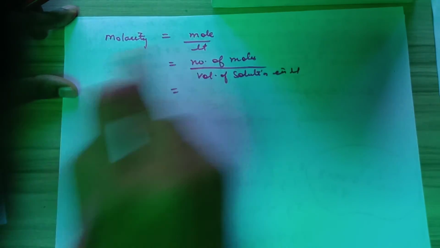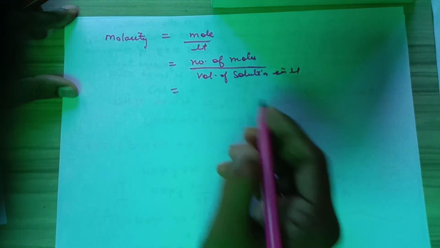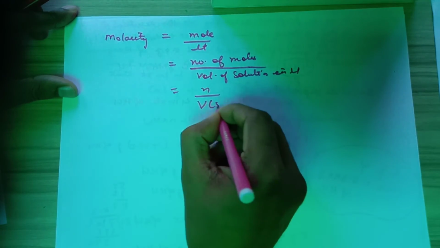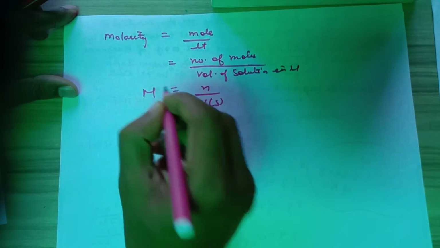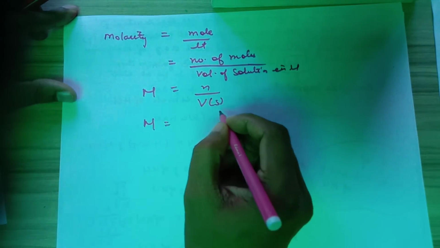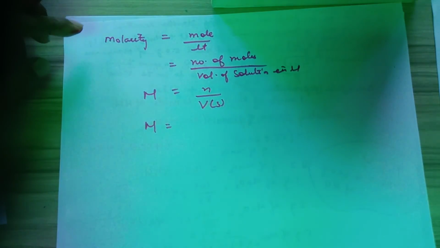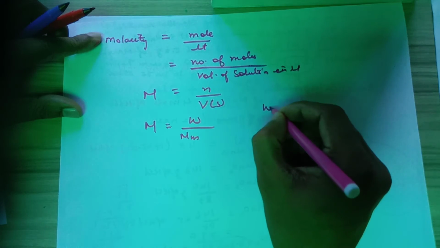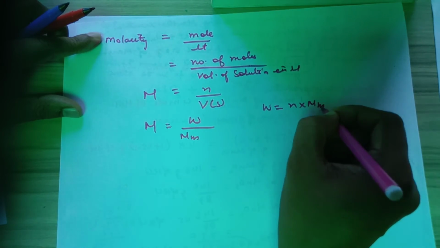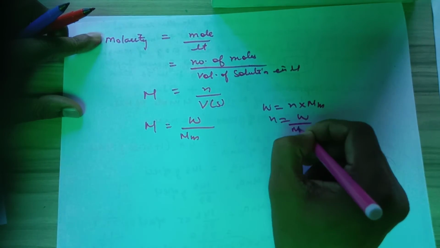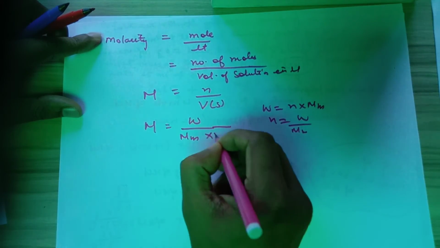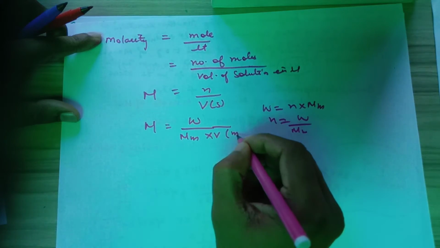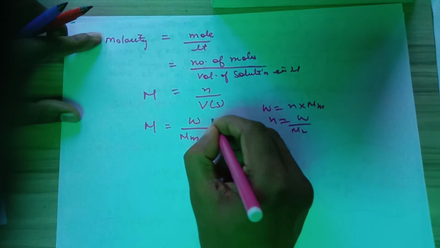Converting number of moles in terms of weight and molar mass: W is equal to n into mm, so n is equal to W by mm. And if volume is given in ml and we have to convert into liters, we multiply by 1000 on the upper side.